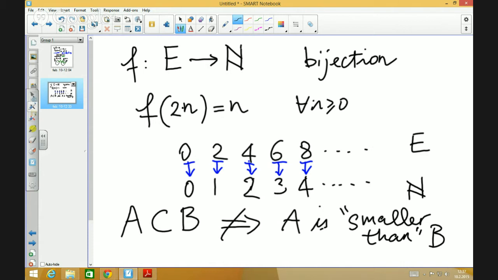Namely, there is a bijection between them. If one exists, they have the same number of elements. They have the same cardinality. And in this case, lo and behold, here's the bijection. So the even numbers are as many as all the natural numbers.